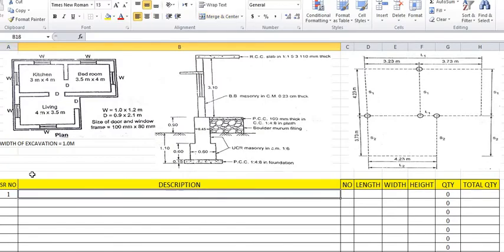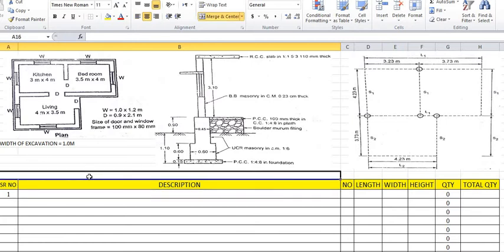Here we have to add the lengths of the long wall, that is 3.23 plus 3.73, in order to calculate the total length, that is L1. So 3.23 and 3.73 will be 6.96. So 6.96 will be the total length.